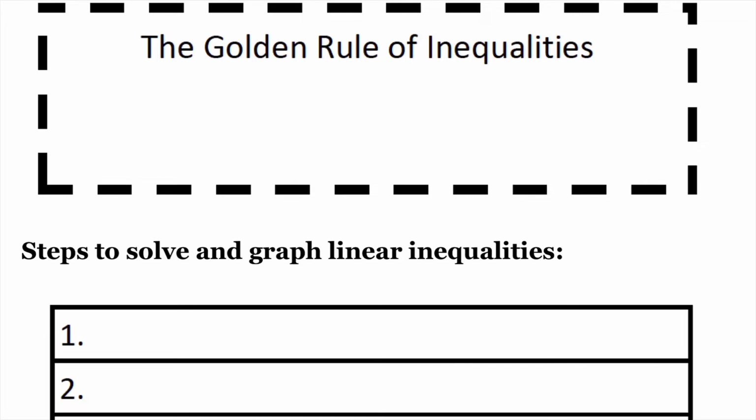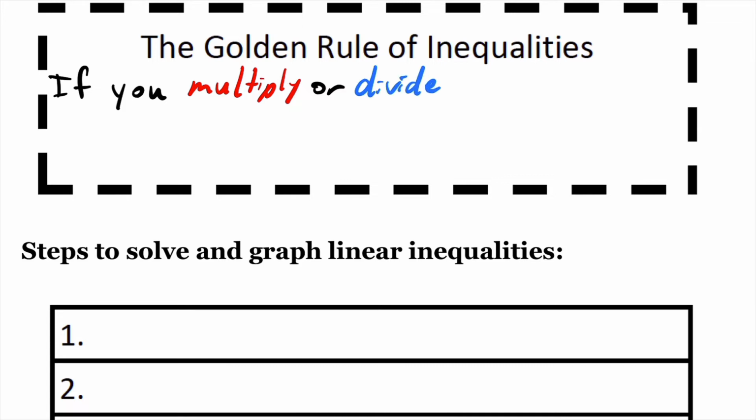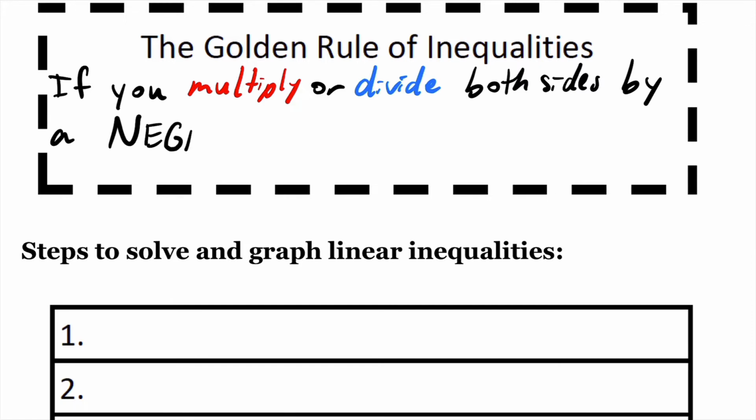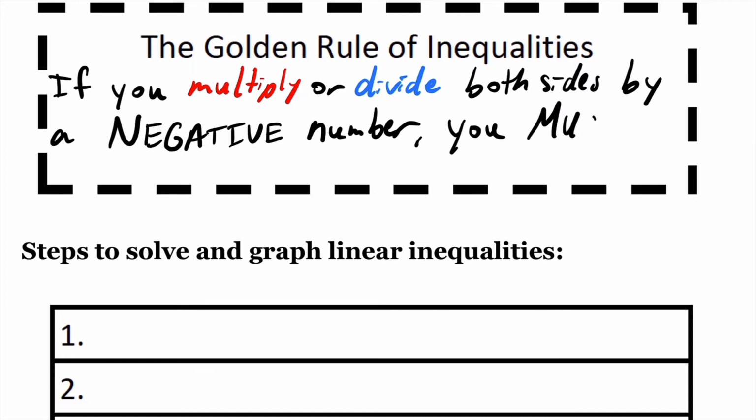Okay, this idea of the golden rule. The golden rule of inequalities is this. If you multiply or divide both sides by a negative number, you must flip the symbol.